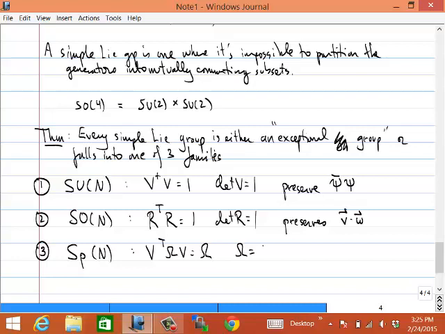And omega, if you think about it as a 2 by 2 matrix, each of whose blocks are n-dimensional matrices, is just the matrix 0, 1, minus 1, 0. And this preserves a different sort of inner product. So it preserves, for example, if you have 2n component vectors phi, something like that.